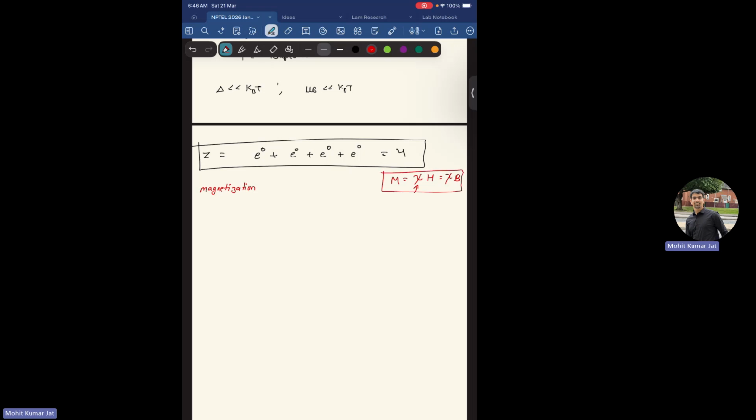So this magnetization M is given as mu B, the Bohr magneton, divided by the partition function Z, summation over all spins of the Sz spin part multiplied with the energy part by kBT.